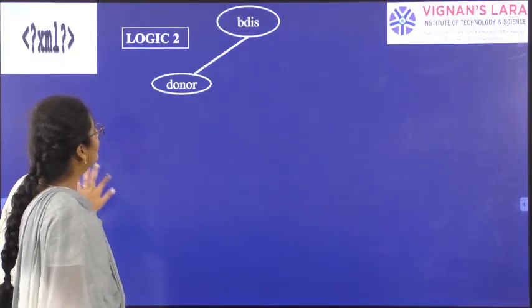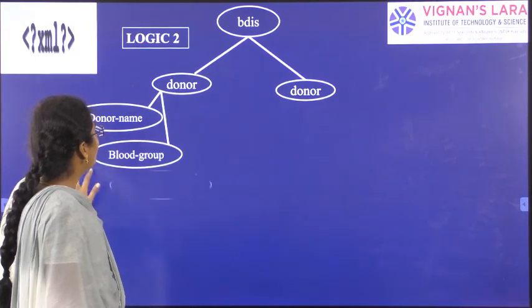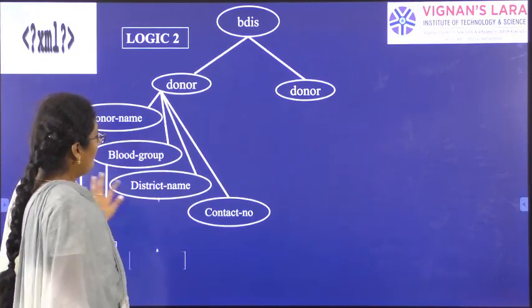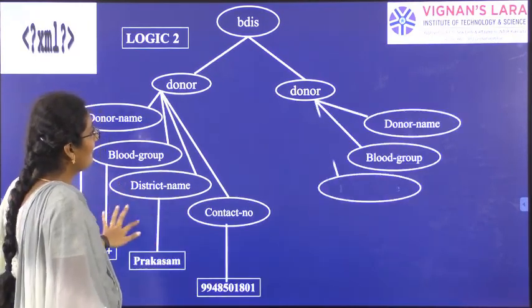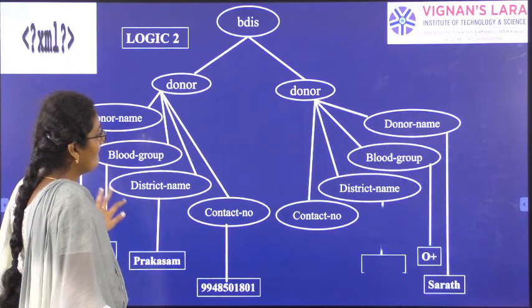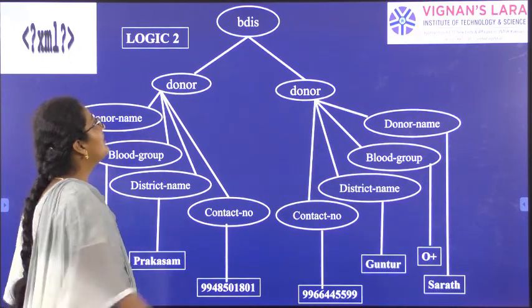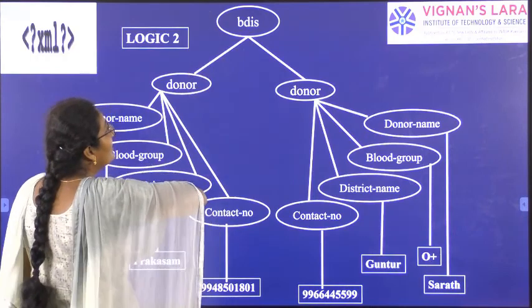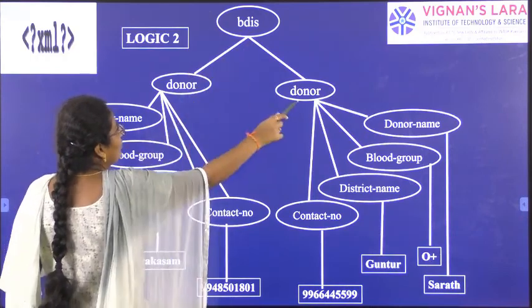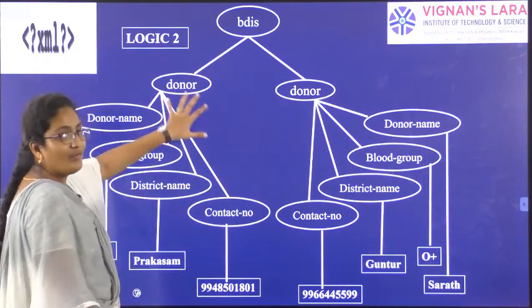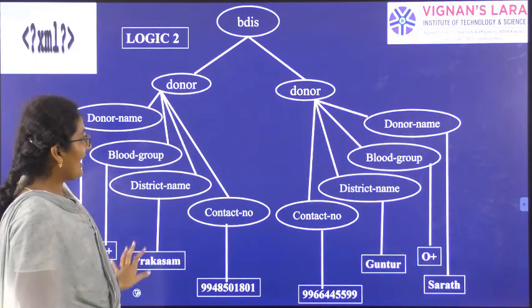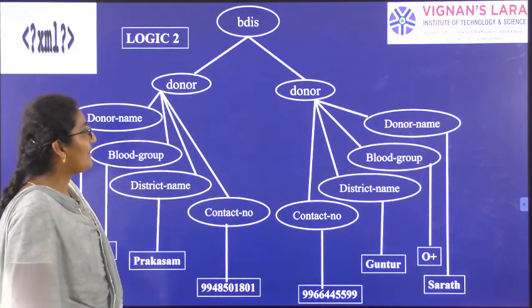So next, logic 2. See, this is logic 2. Again, BDIS is the root element, and from the root element we have 2 child elements like donors, and from the two child element donors we have donor name, blood group, district name and contact number.